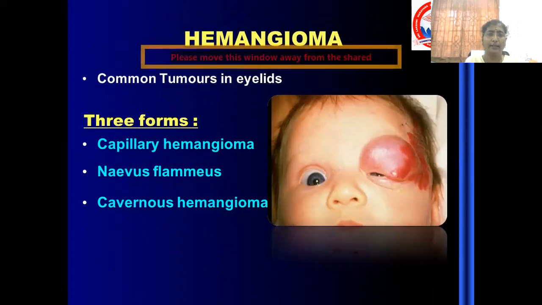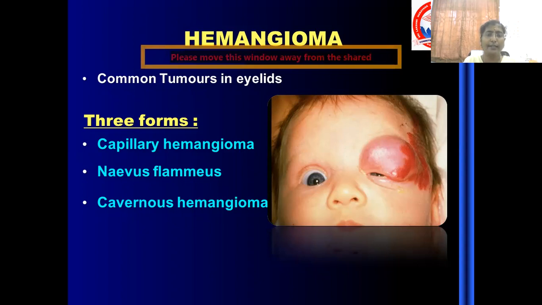Hemangioma. Common tumors of the eyelids, and there are three forms: capillary hemangioma, nevus flammeus, and cavernous hemangioma.